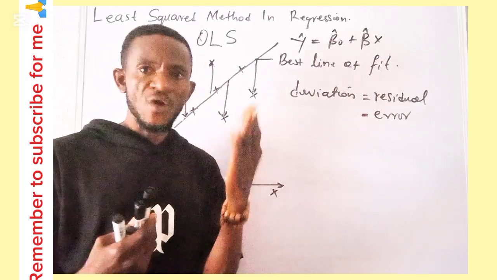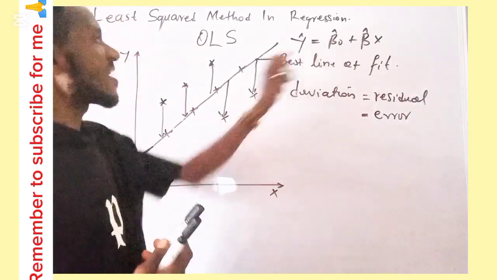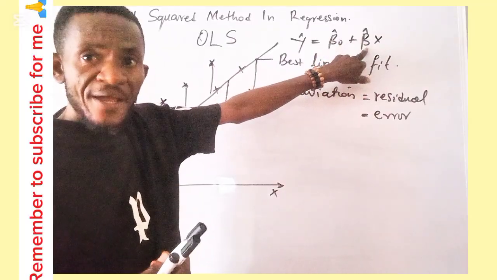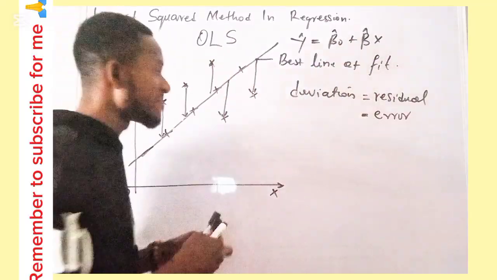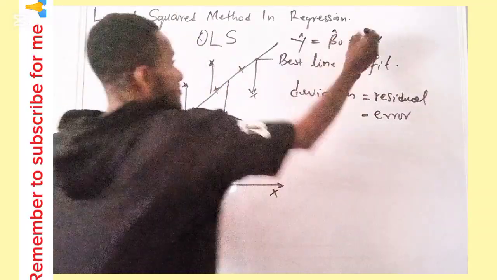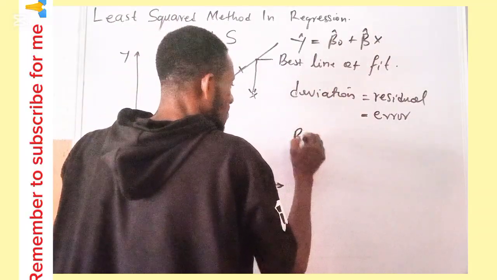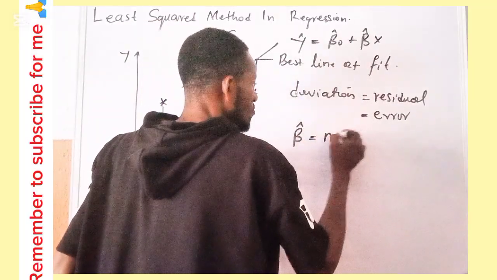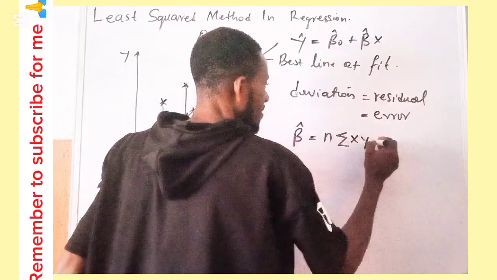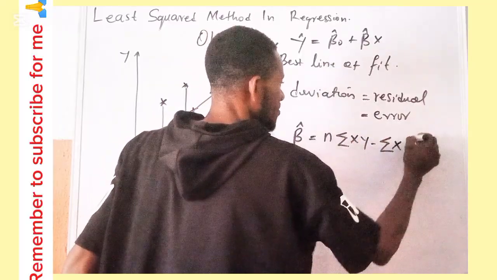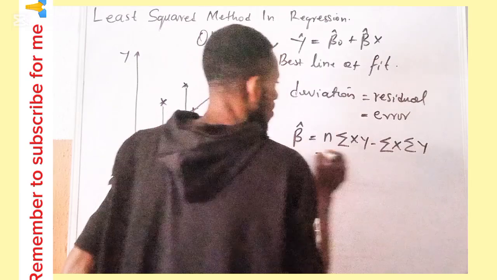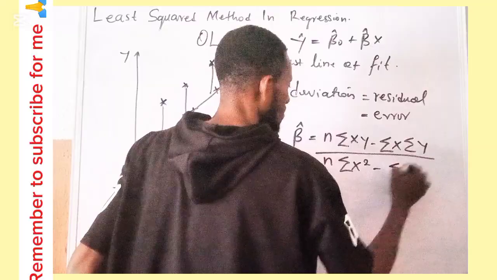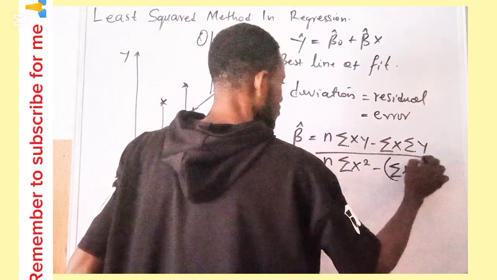It has been proven or established that the estimator of beta, making use of the least square method, which we call the slope, is given as n summation of xy minus summation of x times summation of y, all over n summation of x squared minus summation of x all raised to power 2.